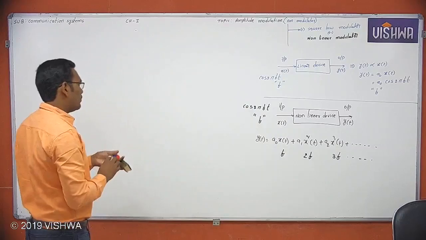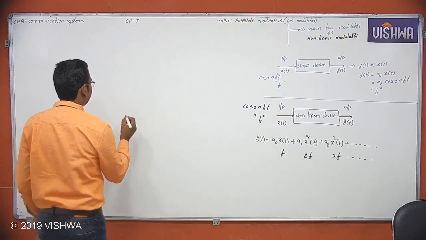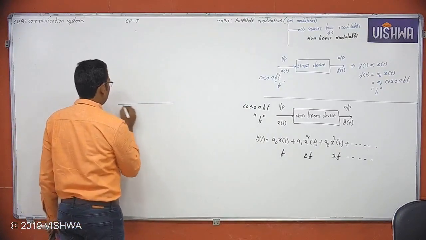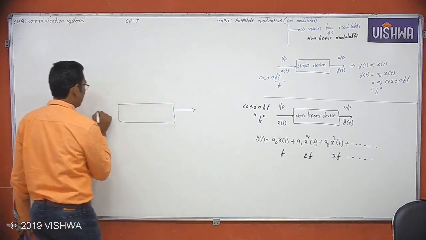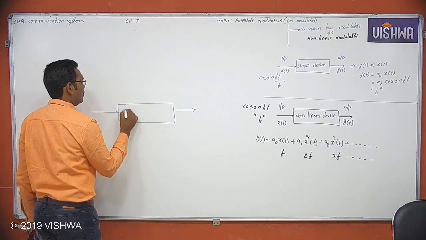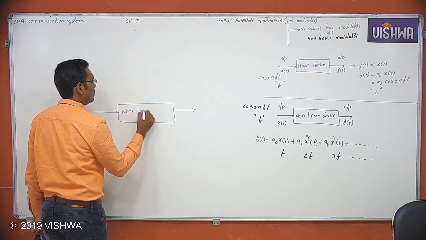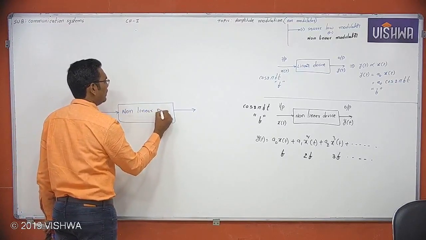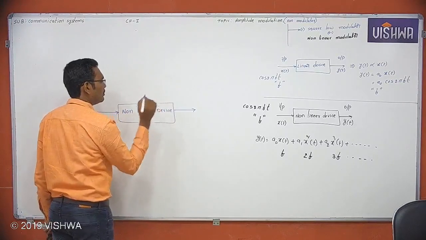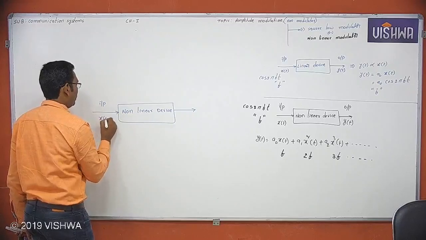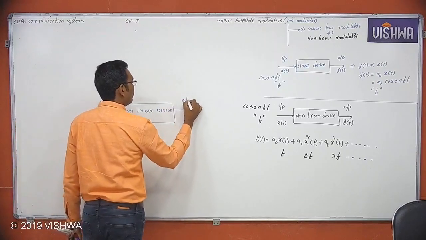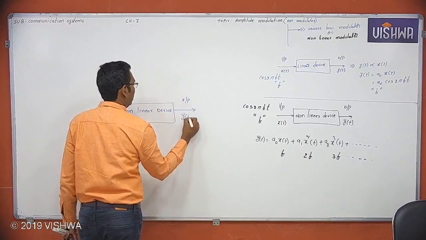Therefore, instead of that, what we are doing is the same non-linear device, there is no other change. This is input x of t, and this is output y of t.